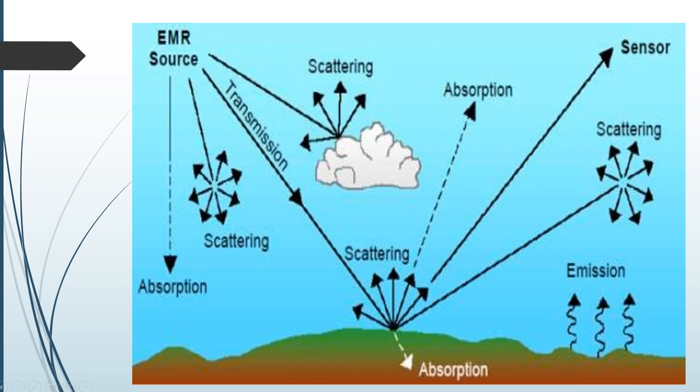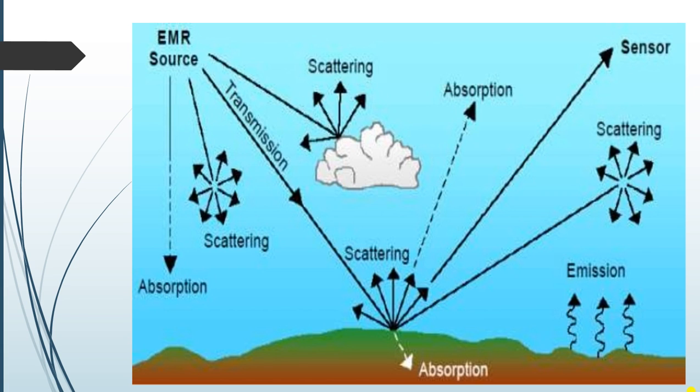Then there is electromagnetic radiation, EMR. Generally, it is like the light that comes from the sun and falls onto the earth. As it falls, what is going to happen? Certain light gets absorbed, some gets scattered.